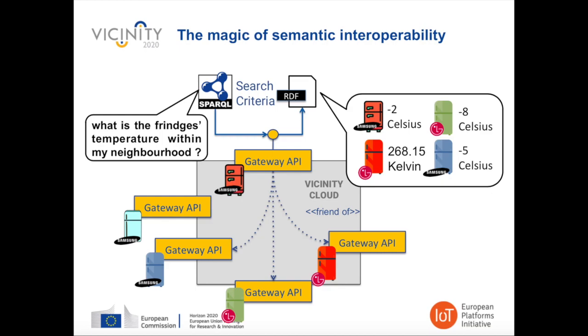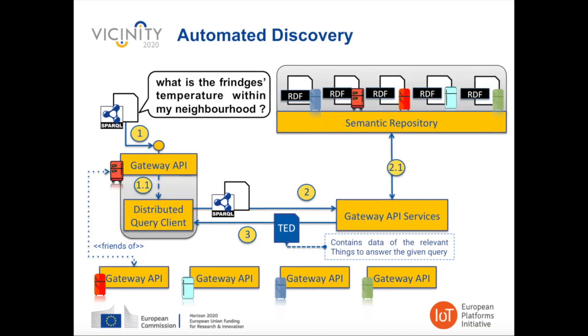How does this work at low level? Well, first the query is sent to the gateway API, and this forwards the query to the distributed query client. This component is a library of the gateway API and connects with a cloud service called Gateway API Services. This will perform an intelligent discovery through all the different thing descriptions registered in the Vicinity.